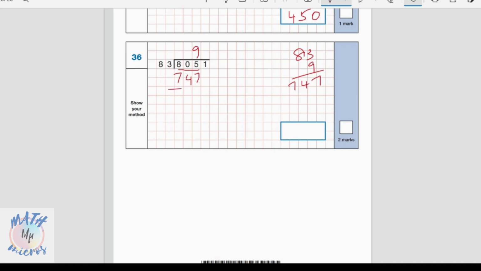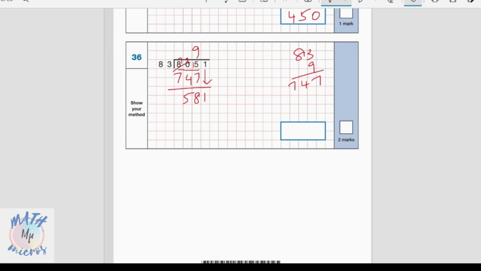And when I subtract, 5 minus 7 doesn't go. So I change the 80 to 79, and I take the 1 here and it becomes 15. So 15 minus 7, you have 8. And then 79 minus 74 is 5. And then you bring down the 1, it becomes 581.